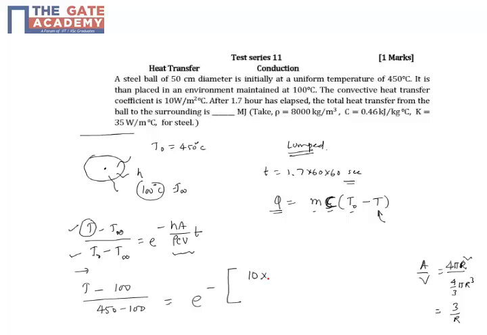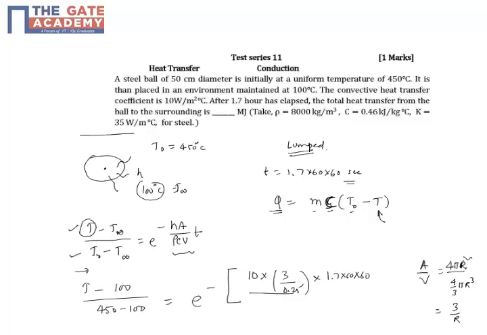So 10 is h, and A by V is 3 by r, where r is 25 centimeters, so 0.25. We'll substitute everything in meters. Time we know is 1.5 into 3600.